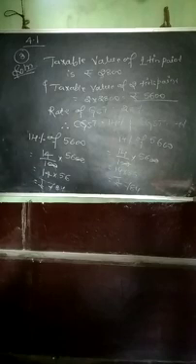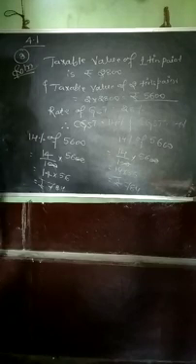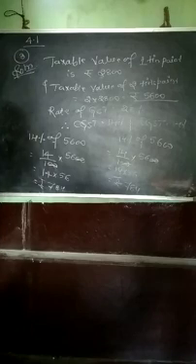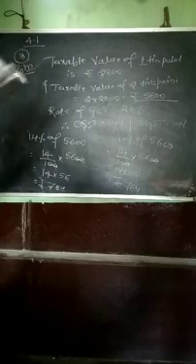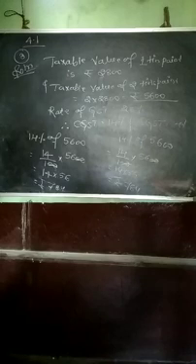Next, we find out, see here, that the central GST as well as the state GST is rupees 784 as well as 784.